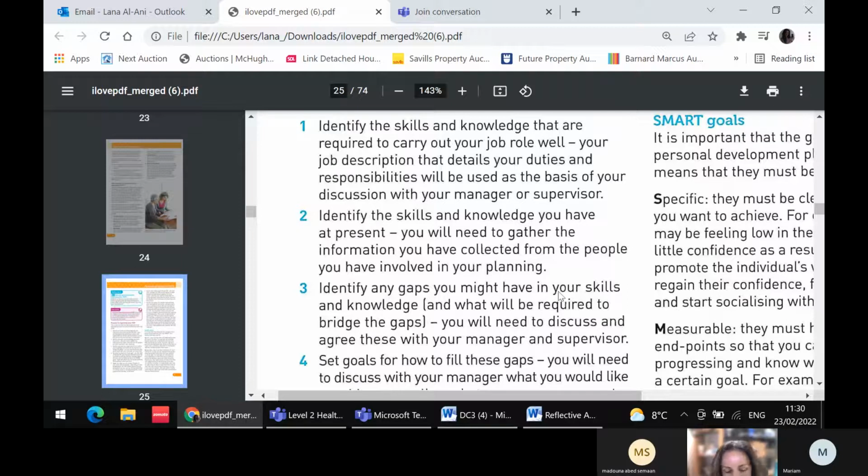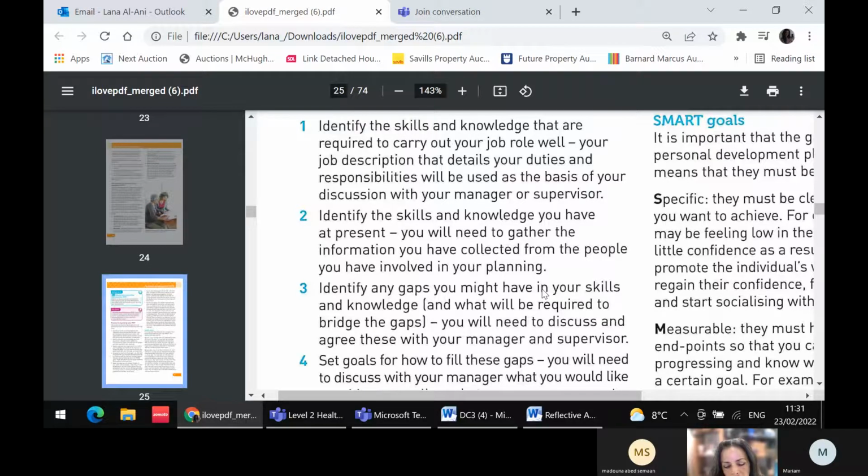Number 2, identify the skills and knowledge that you have at the present. You will need to gather the information you have collected from the people you have involved in your planning. So for you to identify which type of training you need, you also need to get feedback.